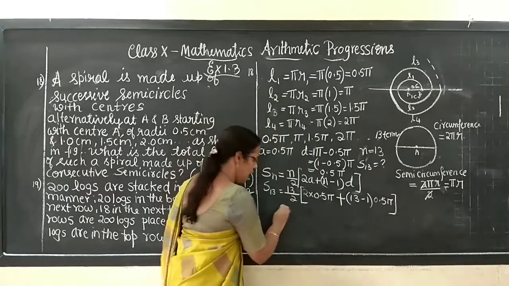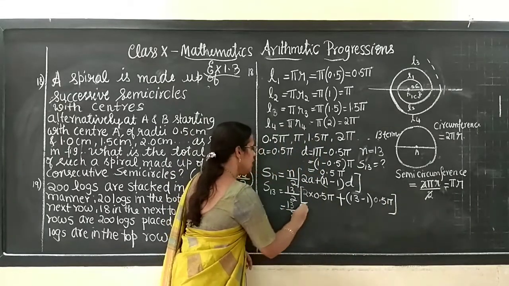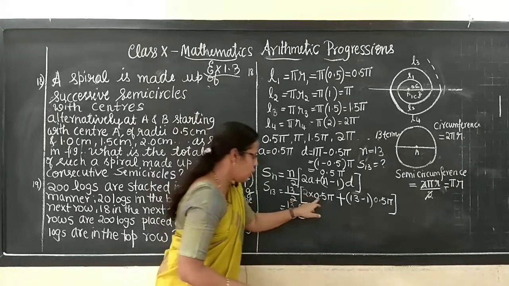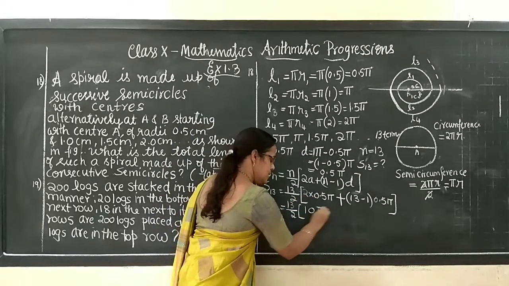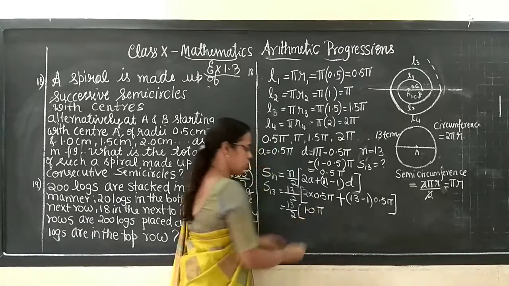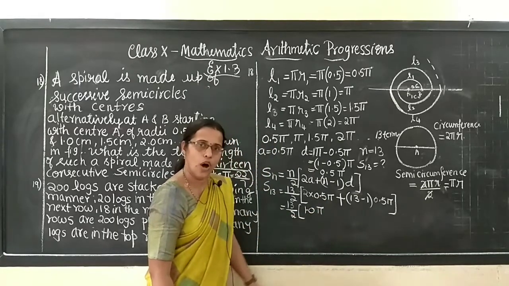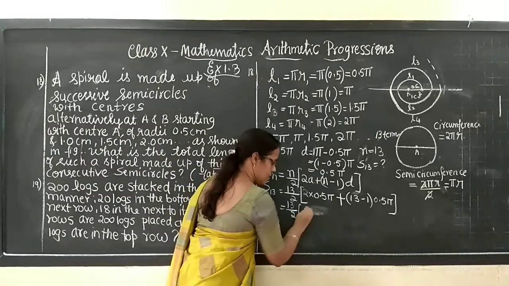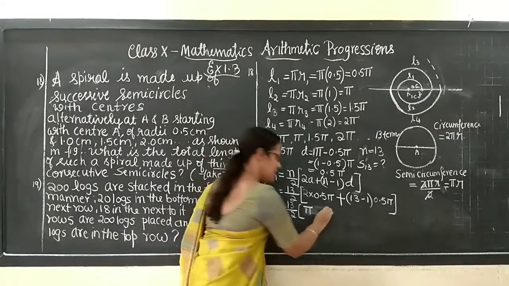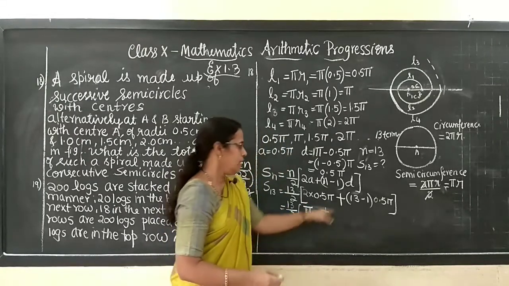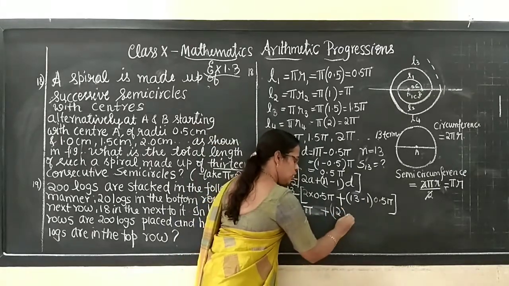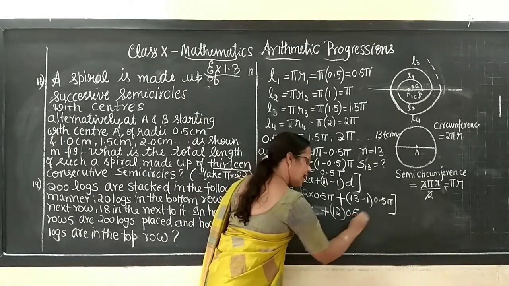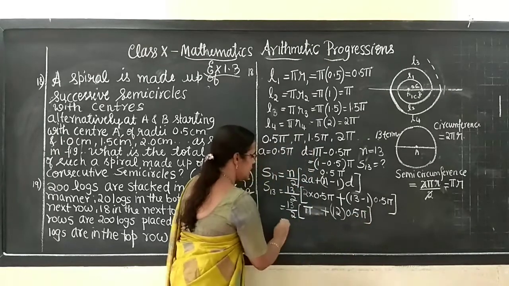Now 13 by 2 can't be divided as it is. So 0.5 into 2 is 1, that is 1 pi, plus 13 minus 1, which is 12, into 0.5 pi.